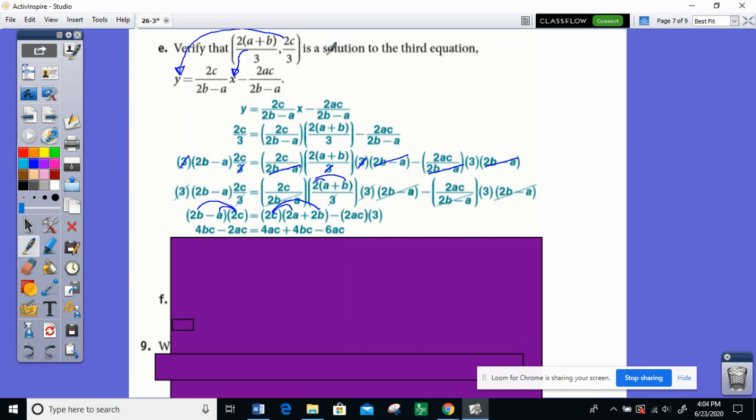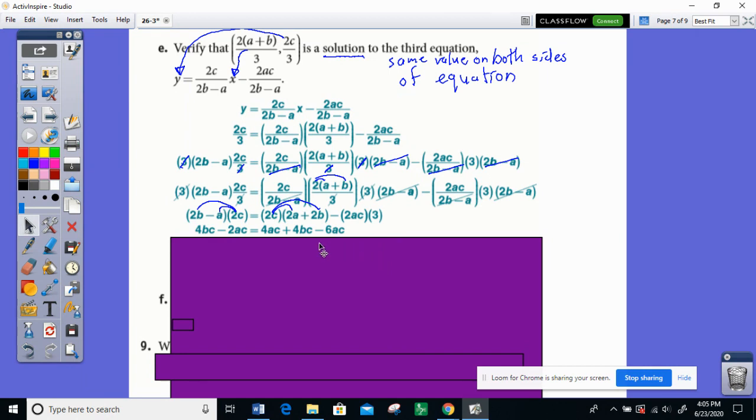Hey, remember, our goal is to show that this is a solution. In other words, plug it in and get the same value on both sides of the equation. Just like you did in Algebra 1 class over and over and over again.